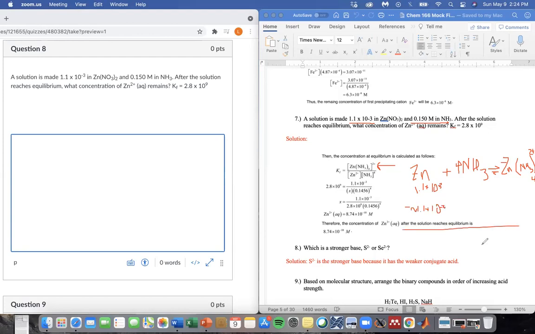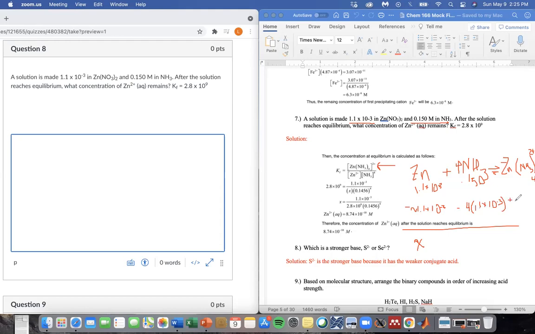So at equilibrium, you'll have X, but X should be close to 0. And then for NH3, you start with 0.15. To get this 0.1456 number, you'd end up having to subtract 4 times 1.1 times 10 to the negative 3, because for every 1 mole of zinc, there are 4 moles of NH3 that get used up.